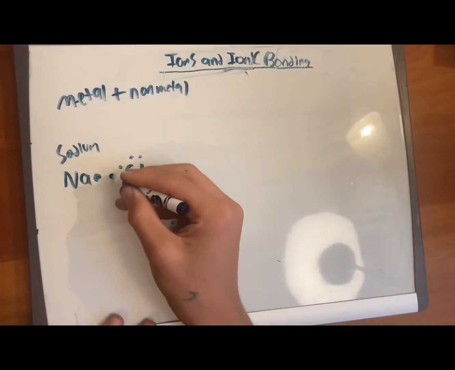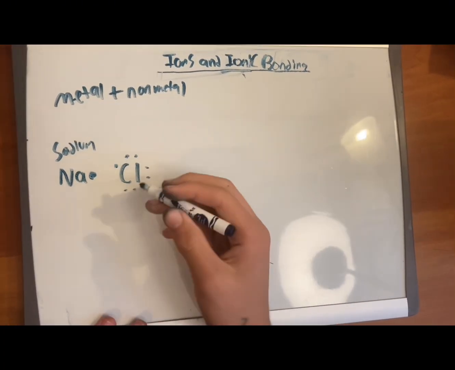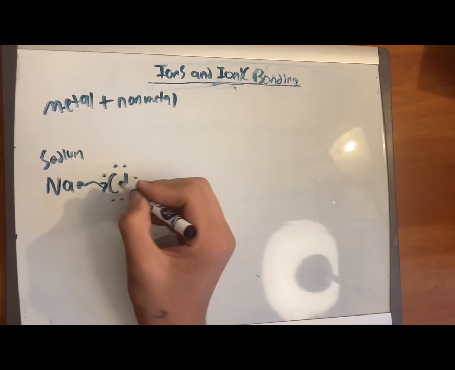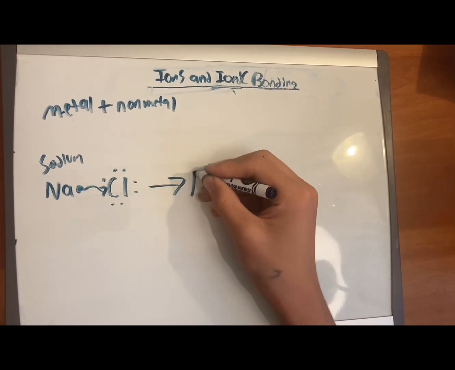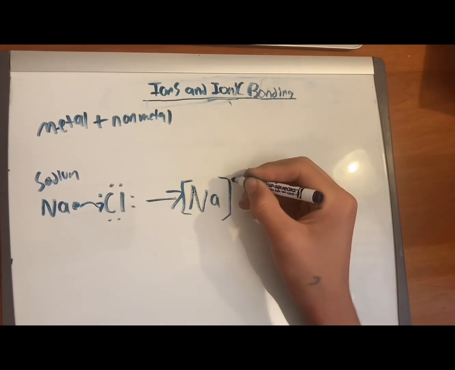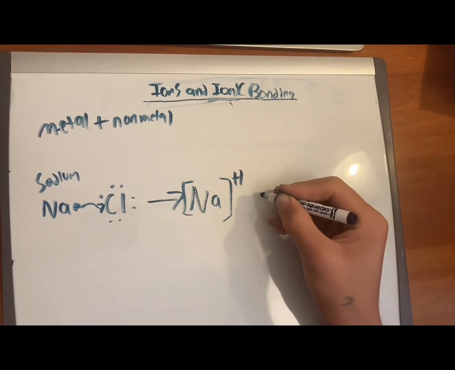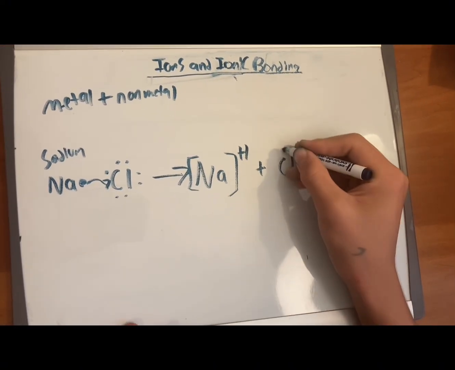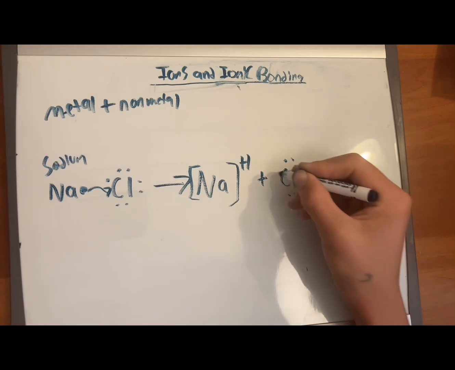Sodium wants to lose its electron, where chlorine wants to gain its electron. This works well because sodium's electron goes here, and then this turns into a sodium ion, which is +1. And then we also have chlorine, which has its full valence electron of 8.